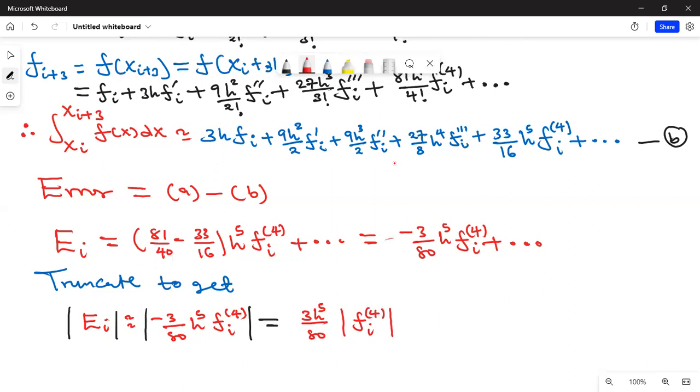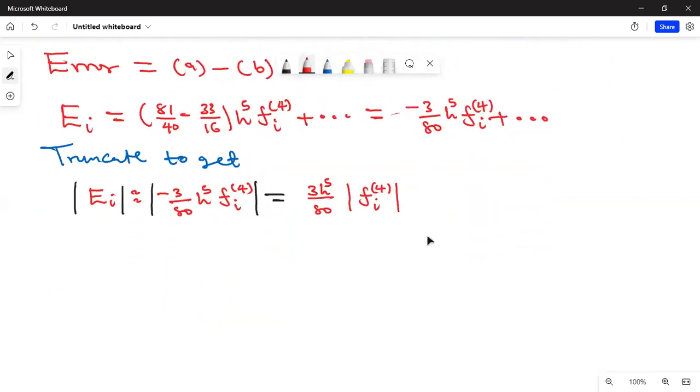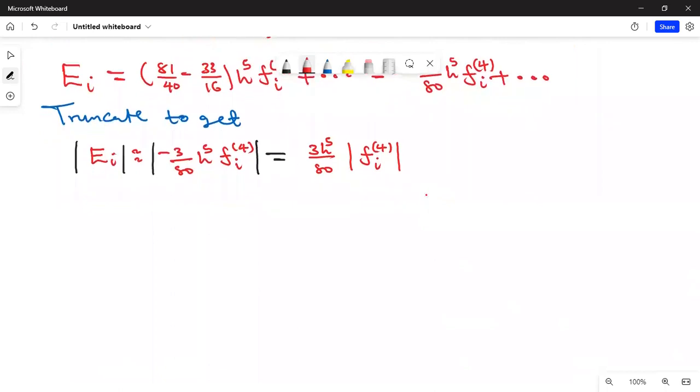But you see, we need the total error, so you sum them from i equals 0. Remember, i ranges from 0, then you go to 3, after 3 we go to 6, etc. Then the last value of i should be n minus 3.